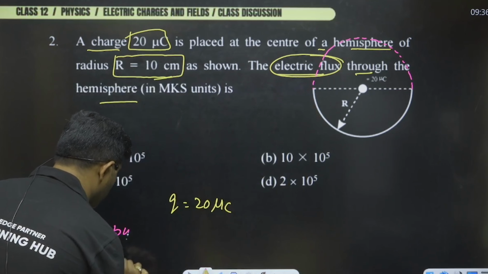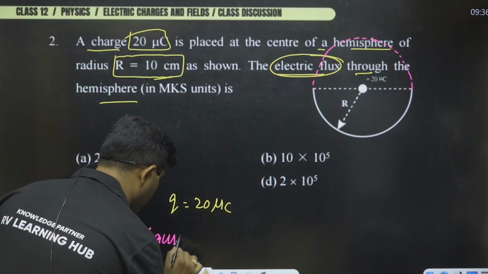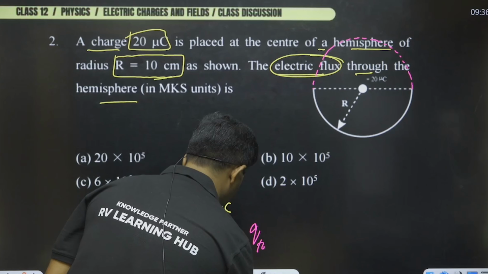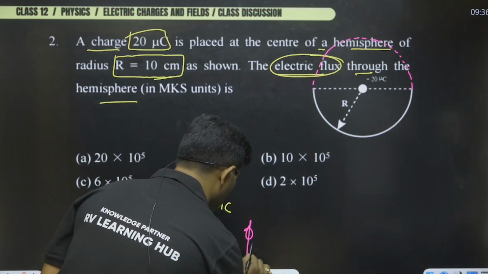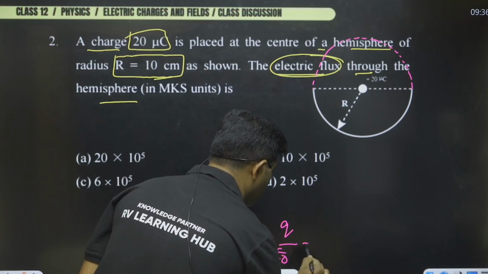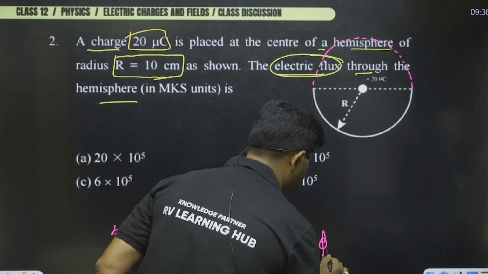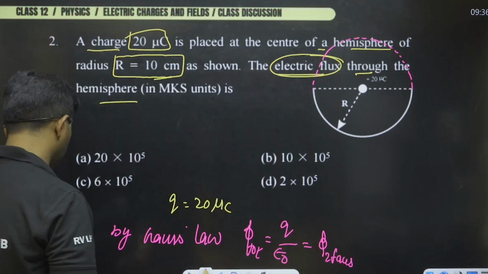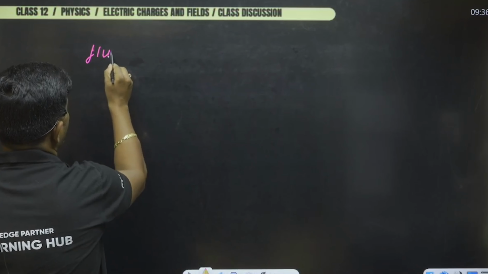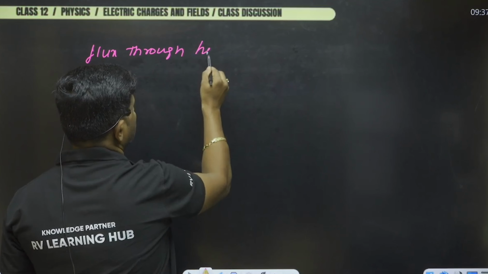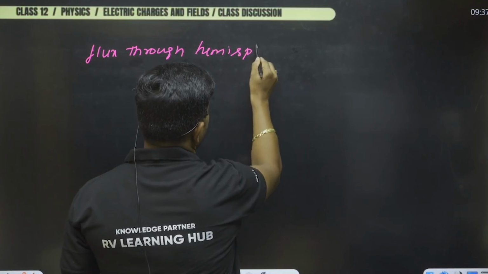Therefore, by Gauss law, we can say that the total flux will be equal to Q by epsilon naught, which is the flux through the two surfaces, the two faces. I want to know the flux through the hemisphere. So what can you say here?